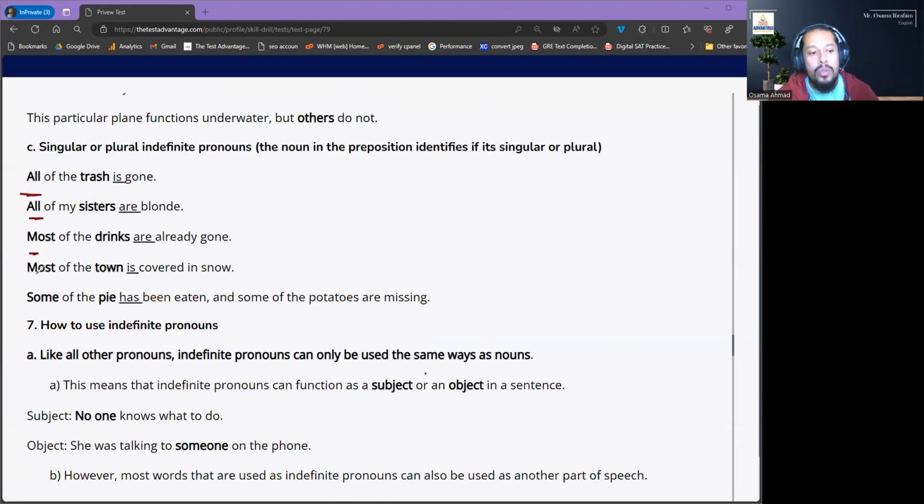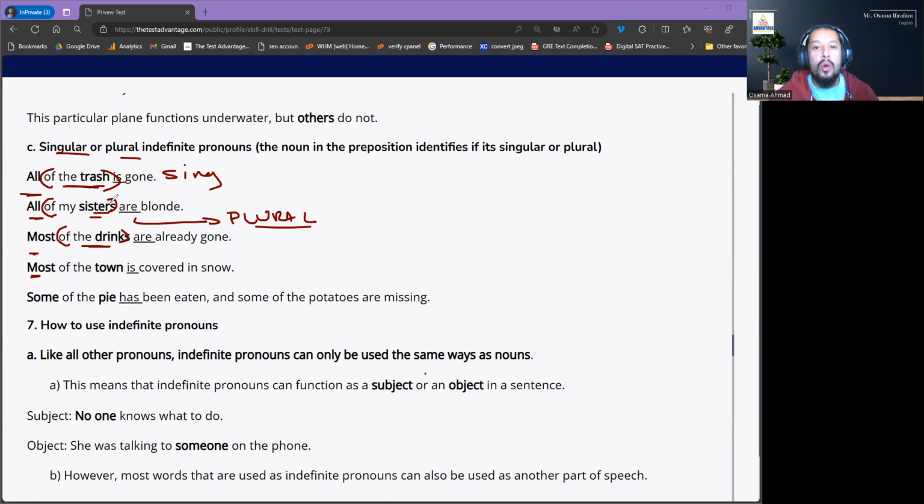All, most, ممكن يبقى singular or plural. حسب إيه? The preposition. So all of the trash, so the preposition هنا بيقول لي it's singular. All of my sisters, the preposition هنا بيقول لي it is plural. Most of the drinks, you see that? So that one عايزكم تركزوا عليها, right?